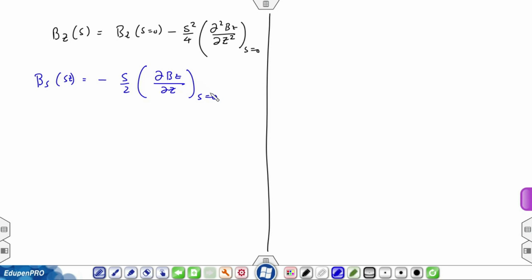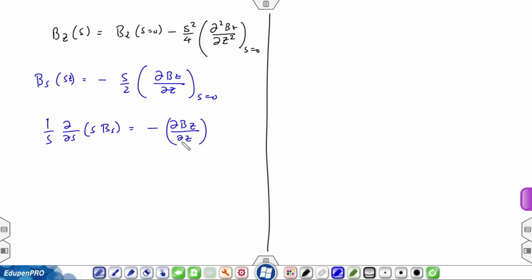For this, I again go to the divergence equation, where we had written that 1 over s d by ds of s Bs is equal to minus dBz by dz.